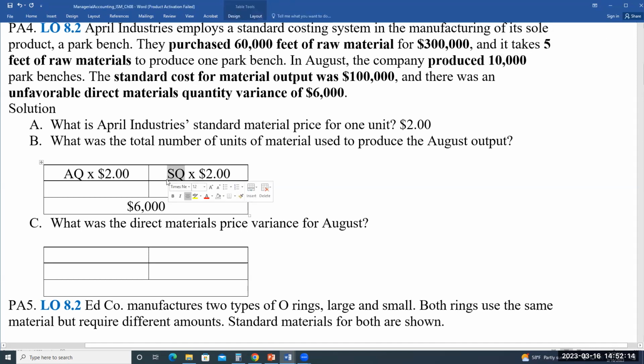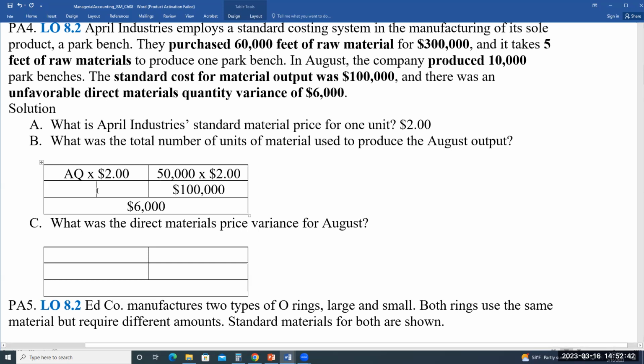So the standard is 50,000 feet. Okay, so now we have enough information, we can solve the missing piece. We take the 50,000 standard feet of materials times the $2 standard price. You get $100,000.